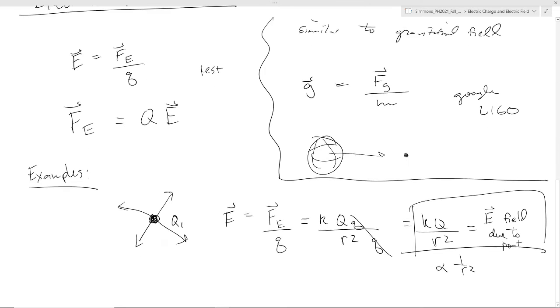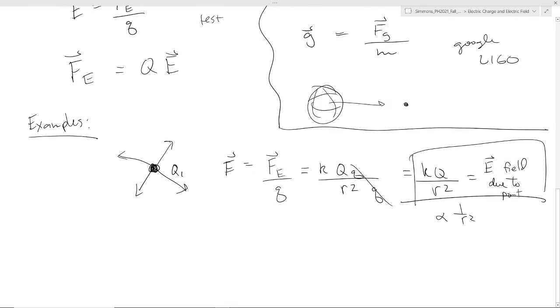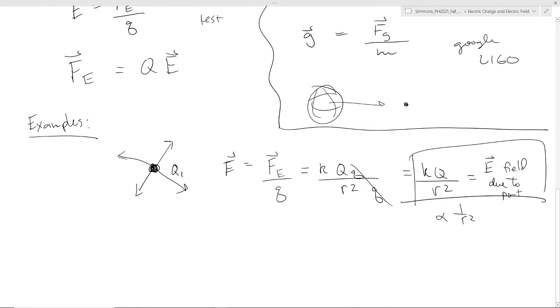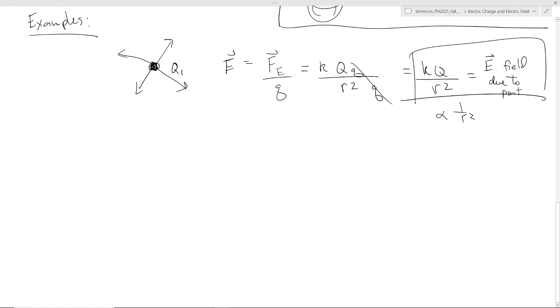And you can imagine mapping that out everywhere in space. Think of it like you could see what that looks like everywhere, this field that permeates a volume.